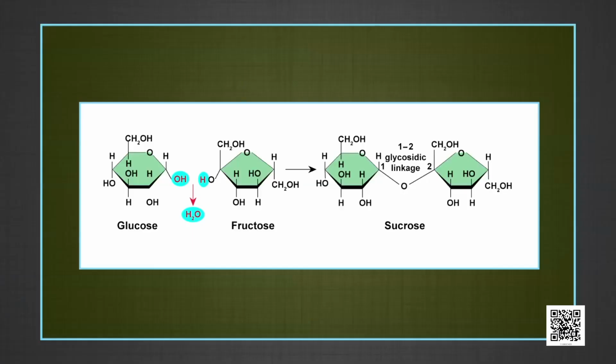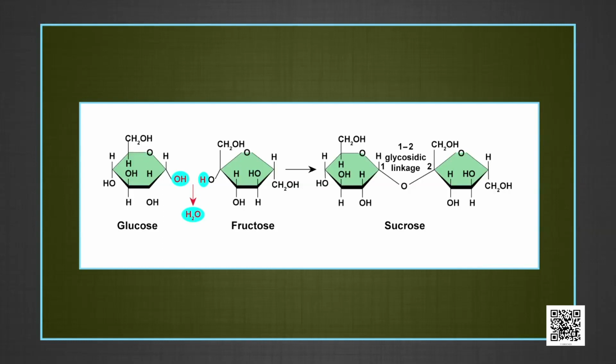Table sugar that we commonly use in our homes is sucrose. This is extracted from sugarcane and sugar beets. Sucrose is formed by glucose and fructose. Glucose is one monosaccharide and fructose is the other. Glucose is an aldose sugar and fructose is a ketose sugar. Again, by the removal of water. How will the water be removed?